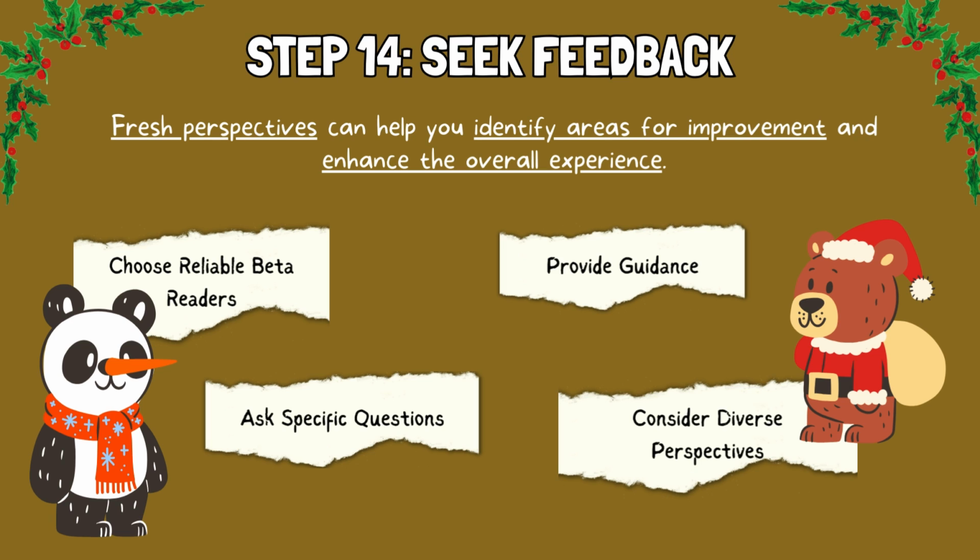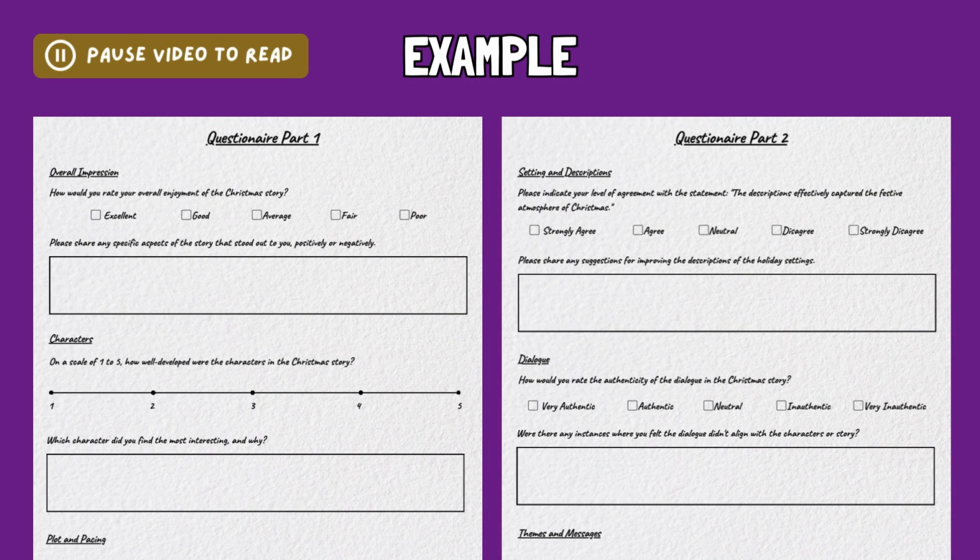Some questions to ask could relate to the characters in the story, the specific holiday elements, as well as the overall impact of the story and its message. Gathering fresh perspectives can help you identify areas for improvement and enhance the overall experience of the story. Here is a sample questionnaire to give to beta readers to get feedback on your Christmas story.